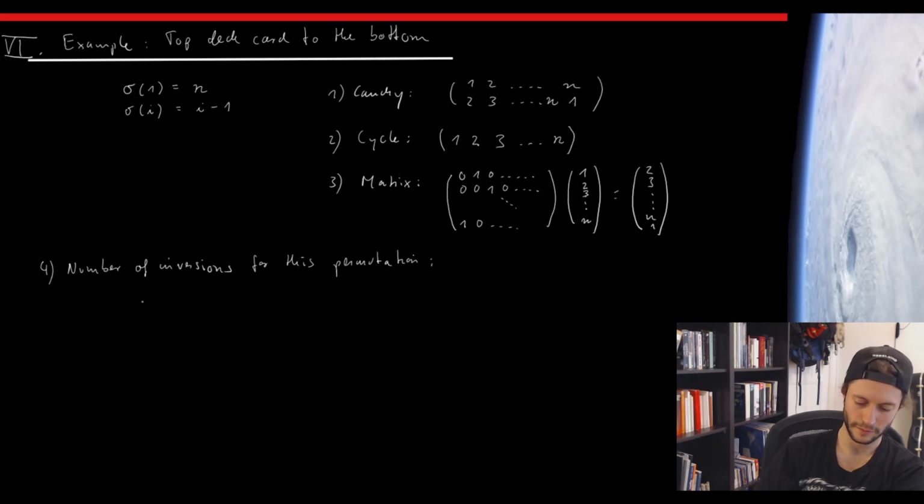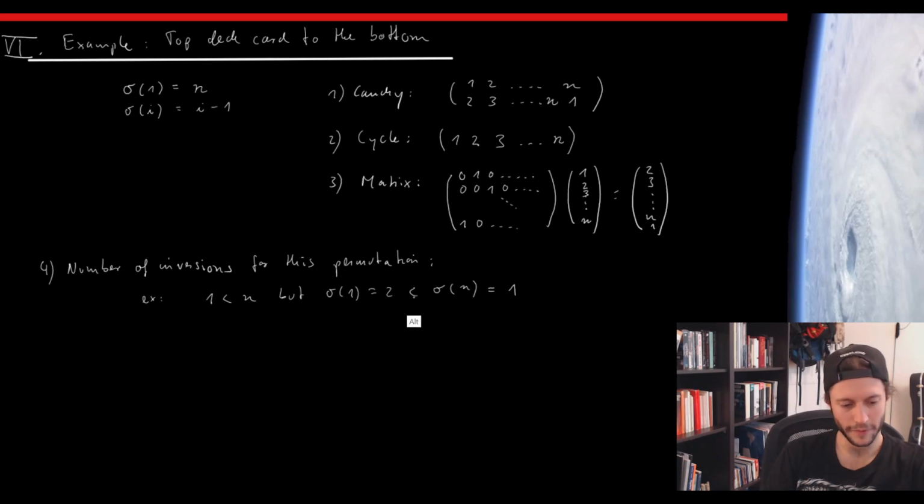So for example, 1 is smaller than n, but sigma of 1 equals 2, which is smaller than sigma of n, which is 1. Obviously it's bigger. So those two signs, this one and this one, are reversed, so that's an inversion.